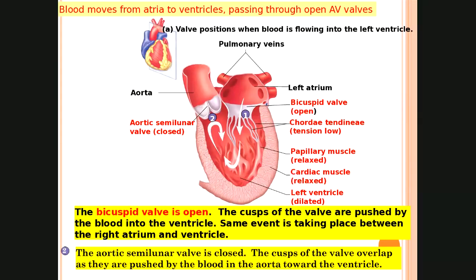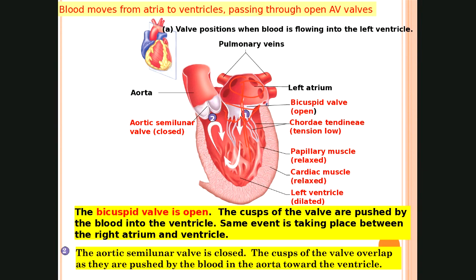This is showing you what happens as blood travels from the atrium into the ventricles. This is a depiction of what happens on the left side of the heart. Notice that when blood is being pumped from the atria into the ventricles, the AV valves, the atrioventricular valves, are open to allow the flow of blood from one chamber to the other.